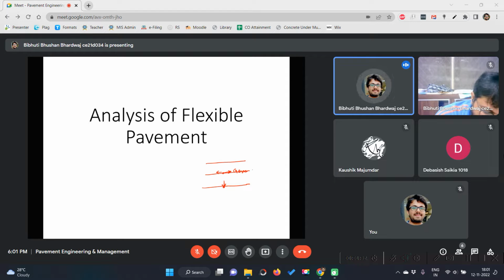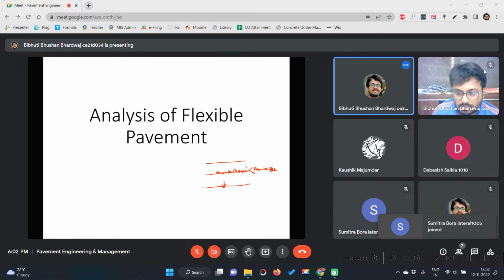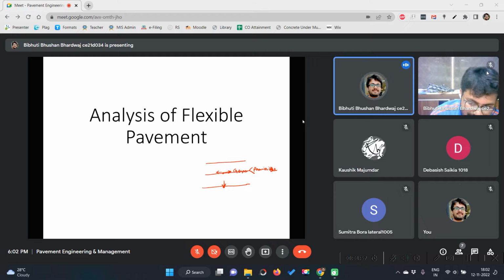We call this permissible, right? So this generated strain should be lesser than the permissible one. Then we can say that our pavement will last for the design life at least.